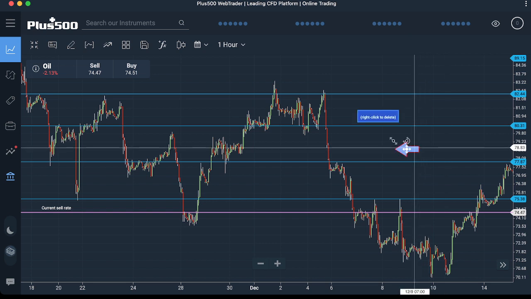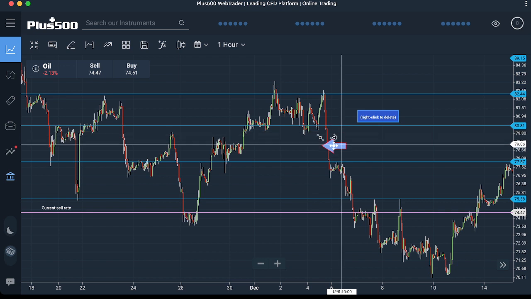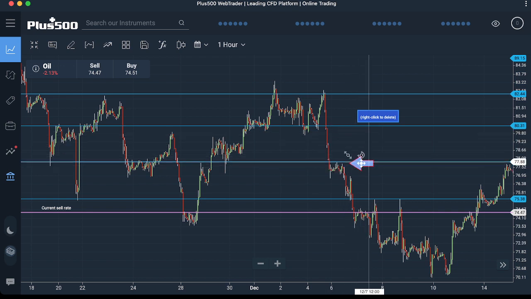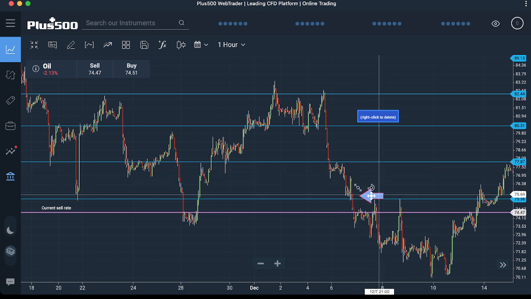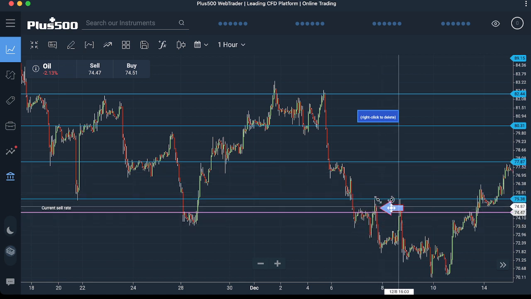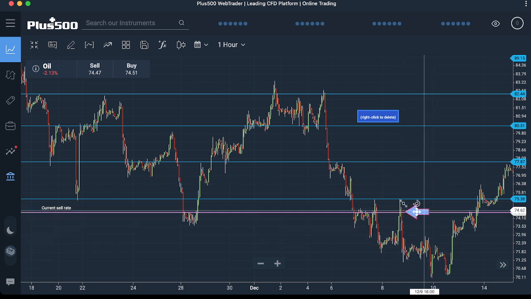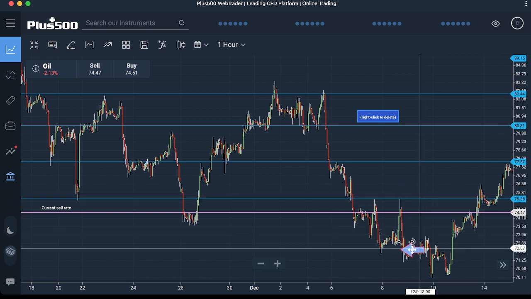So here you can see this is a reaction as a resistance. Price is coming back down below the blue line, retesting this as a resistance, going back down. Again, breaking the line, going back up and going back down. Again, coming back up. See how it is keeping it as a resistance to push the price to the downside again.